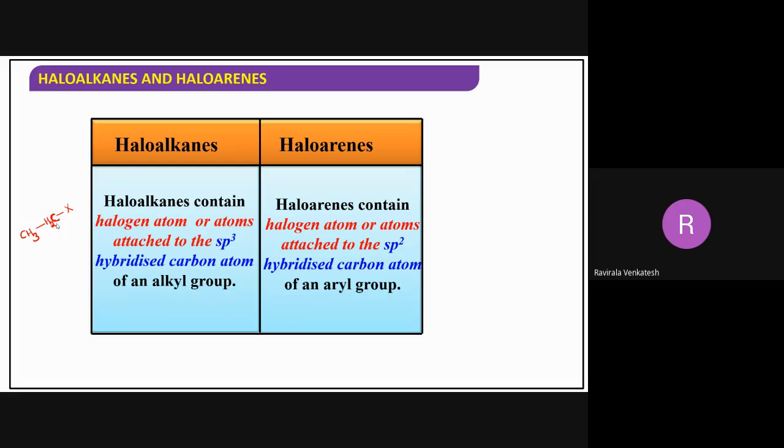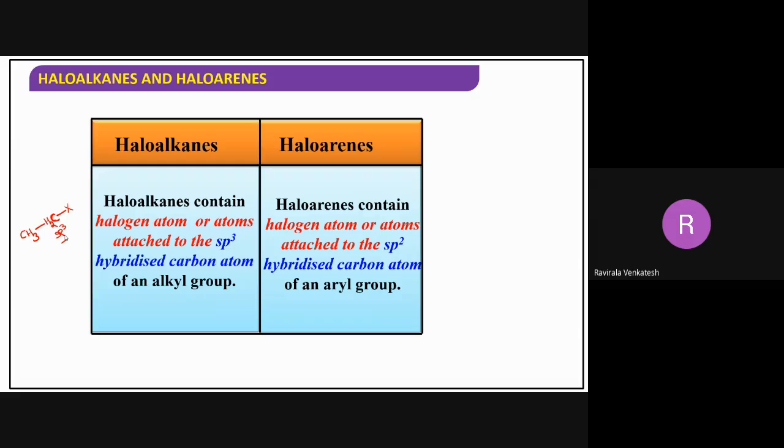Listen, if you do not know anything, just listen carefully. This carbon is having sp3 hybridization. How do you know it is sp3 hybridization? Very simple. This carbon does not have any pi bonds, isn't it? Do you have any pi bonds here? Sigma bond, sigma bond. So what do you call this one? sp3 hybridized carbon.